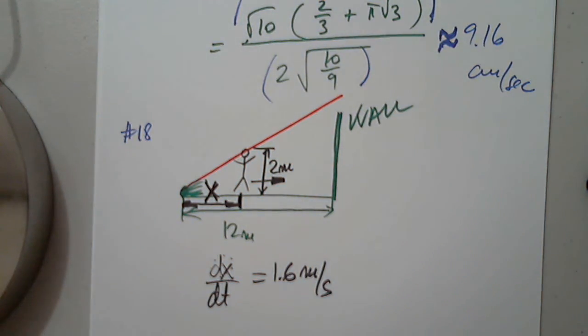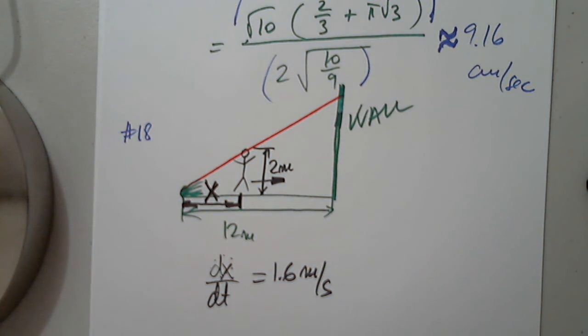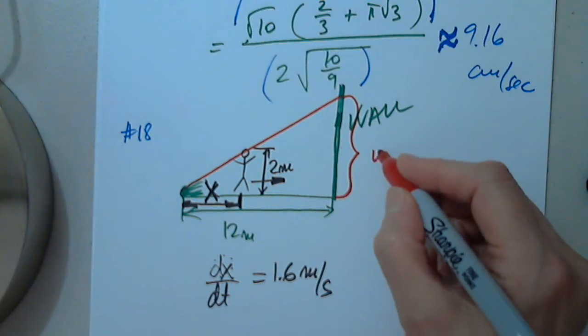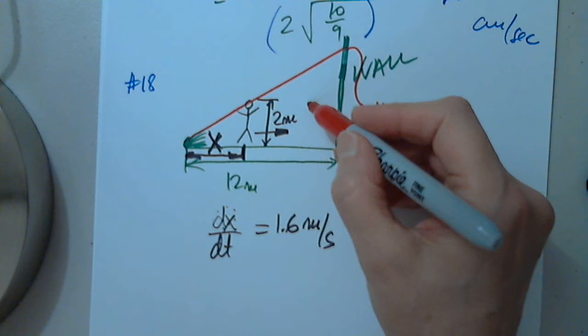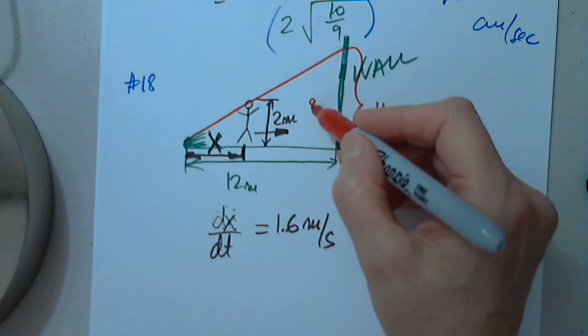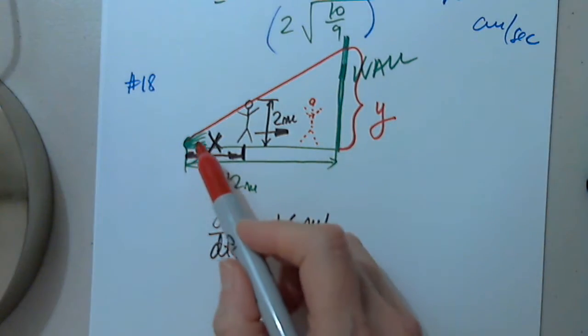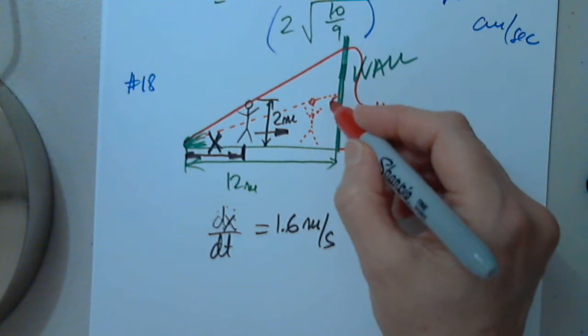I have to extend the wall. So this is y. When he's here, this will be y.